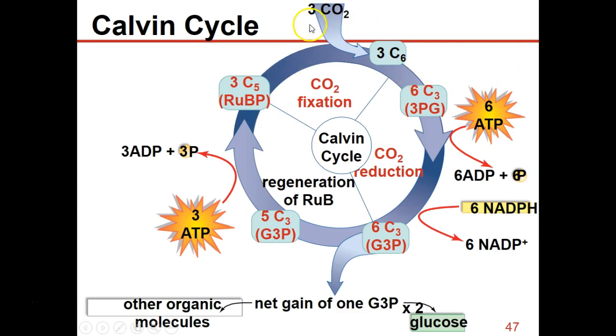Carbon dioxide binds to it, producing a 6-carbon unstable molecule. This unstable molecule is going to immediately break into 2 3-carbon phosphoglycerate molecules. These 3-carbon phosphoglycerate molecules are then going to be reduced to glyceraldehyde 3-phosphate.